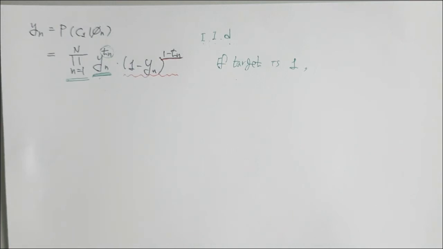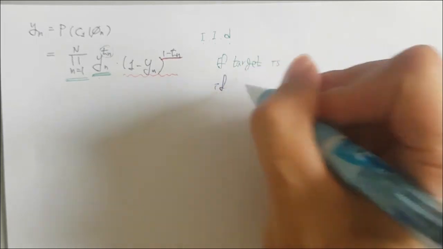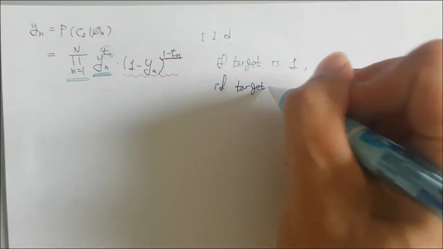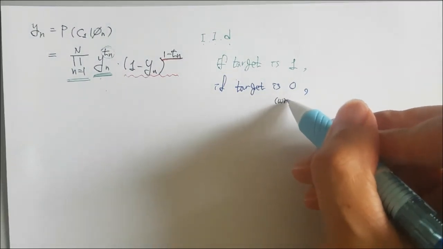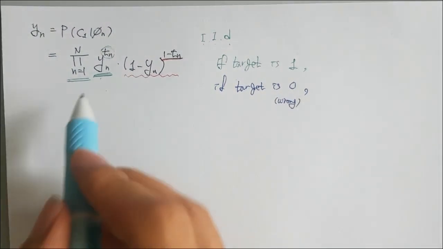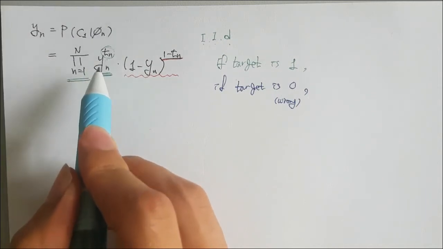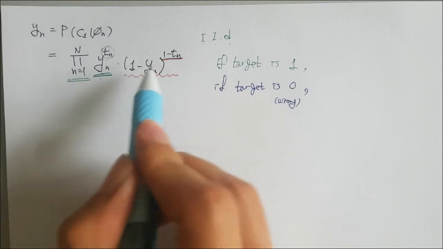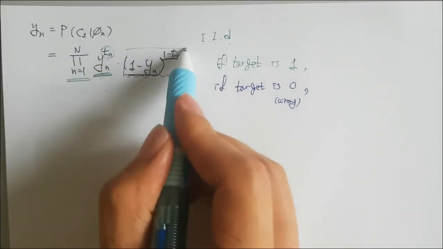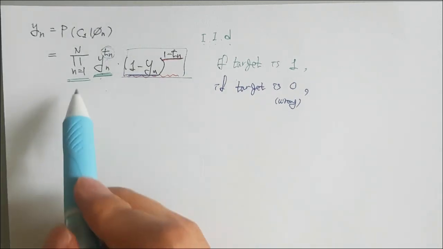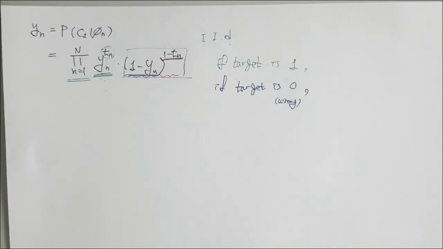But if the target is 0, which is wrong, then we can neglect this probability. So our prediction is wrong, so the opposite case will be correct, and only this term will remain. So every point will be individually multiplied here.